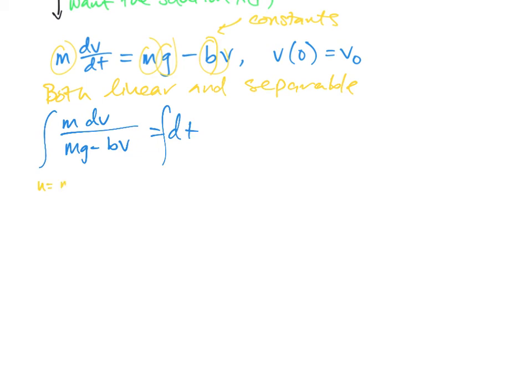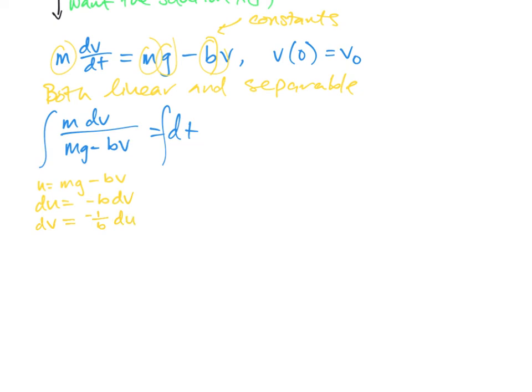I'm just walking through all the details. u equals mg minus bv, du equals negative b dv, and then that means that we can replace our dv with negative 1 over b du.